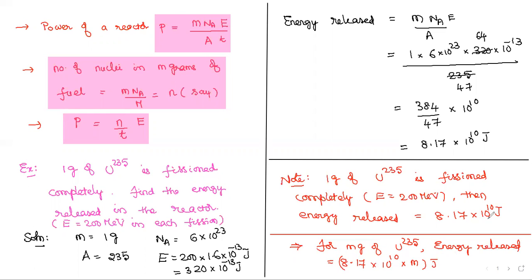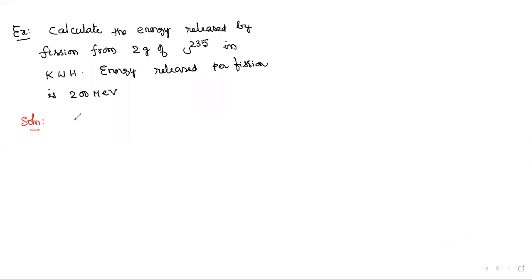For 1 gram this is the energy released; for m grams, the same thing into m joules. Using that shortcut for 2 grams, I get 16.34 into 10 to the power of 10 joules.